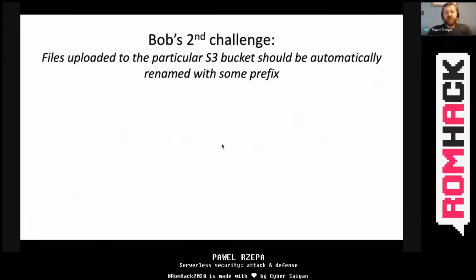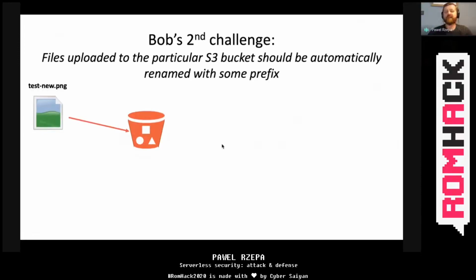Now, Bob also received a second challenge: another function that Bob should write should solve the following problem. Files uploaded to a particular S3 bucket should be automatically renamed with some prefix. So the idea here is simple.